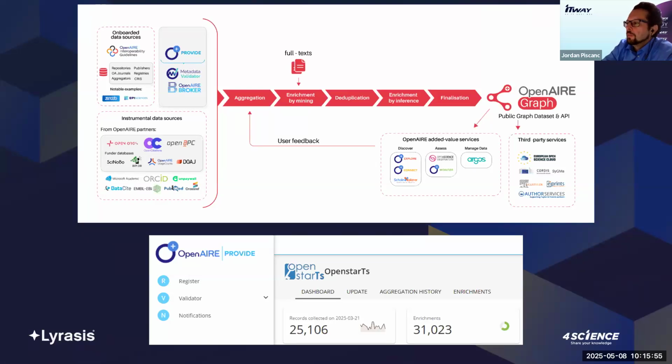Interfacing with the OpenAIRE Graph and all these services, we as providers of information could get enrichments that came from the OpenAIRE Graph and could help our repositories to become richer and more qualified with data.